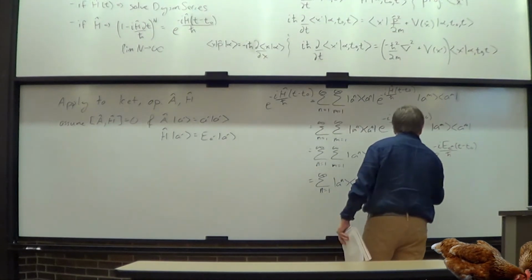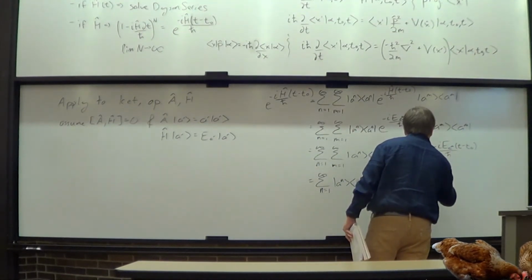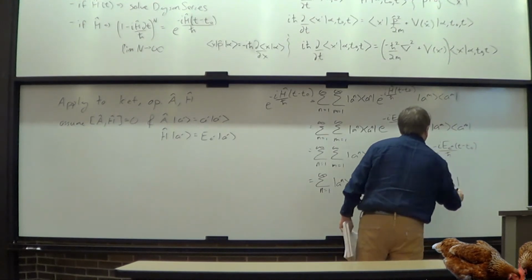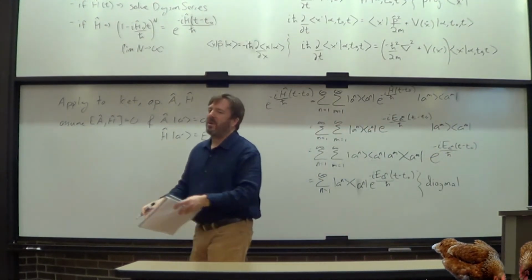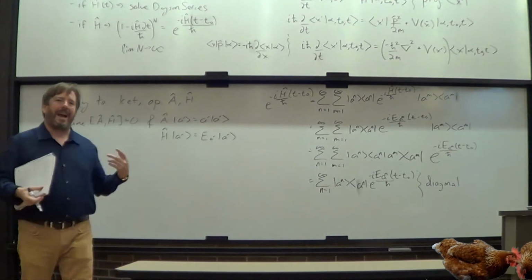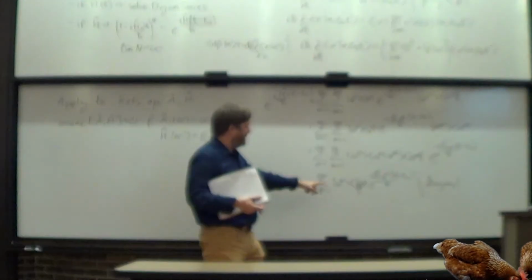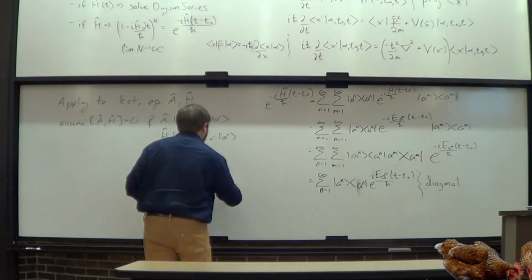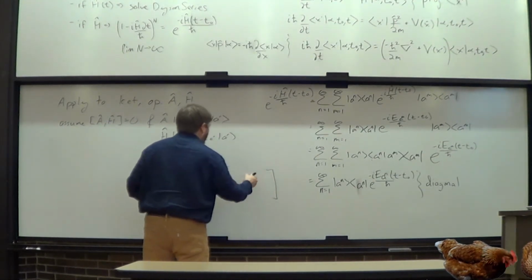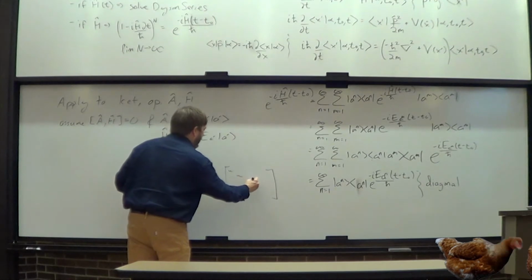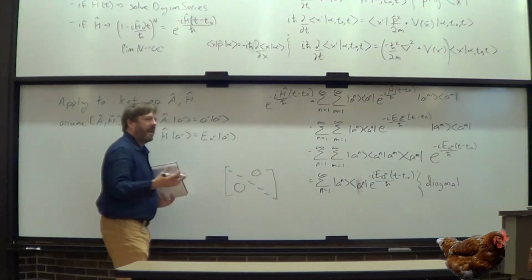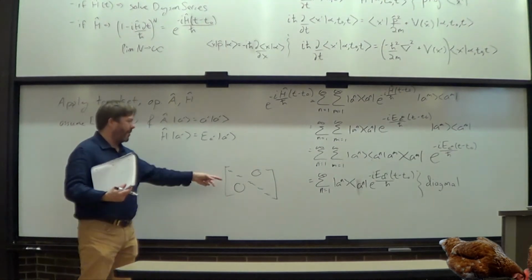That's the time evolution operator. The important thing about this is that it is diagonal. Another thing is you've got to get used to the terminology. It's diagonal, right? In matrix form, the time evolution operator in the basis of a state which is an eigenstate is diagonal.